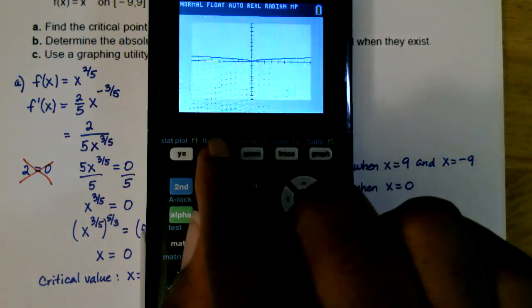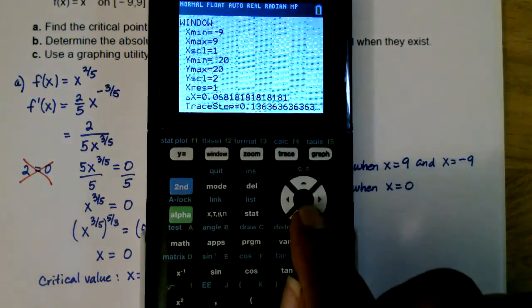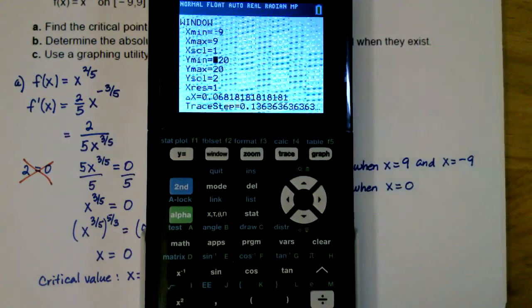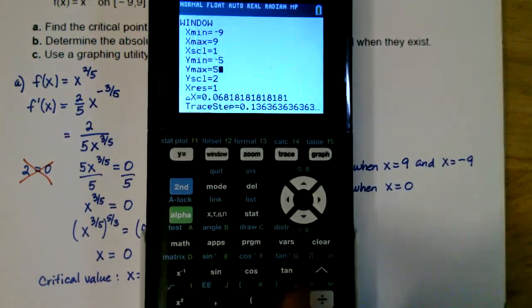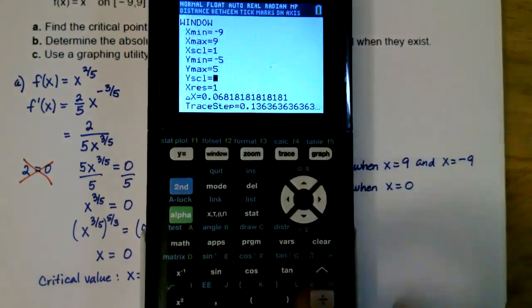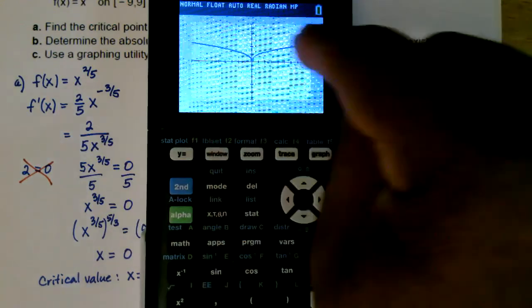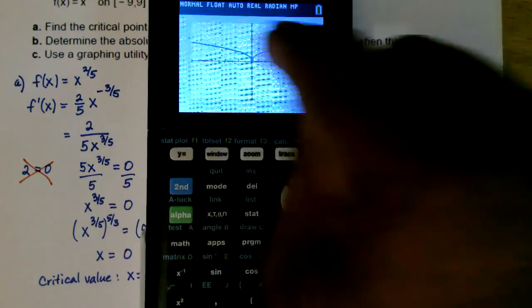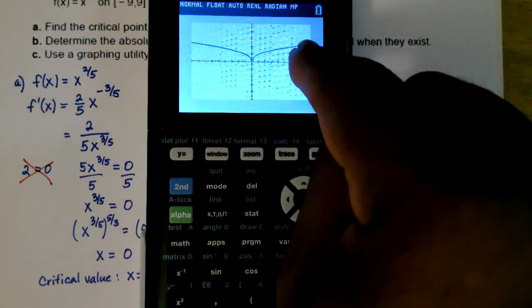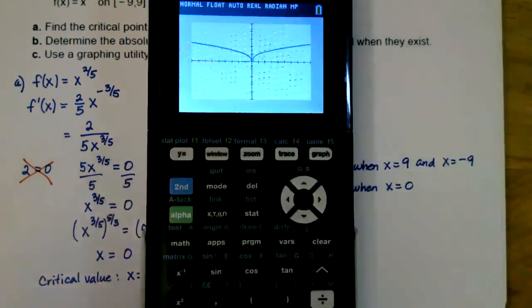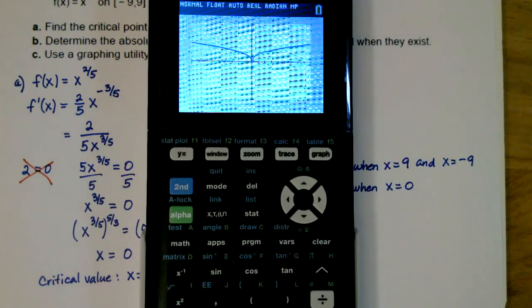If you want to see this a little bit better, let me change my window and do from -5 to 5. Sometimes you just have to play around with this to get a better view. So you can pretty much see where your relative maximums, or maxima, are, and your relative min is at that point.